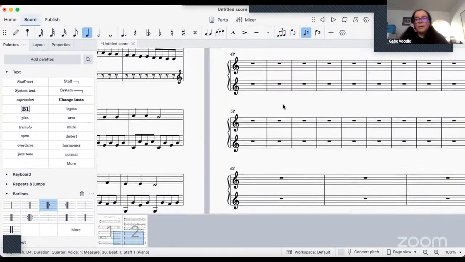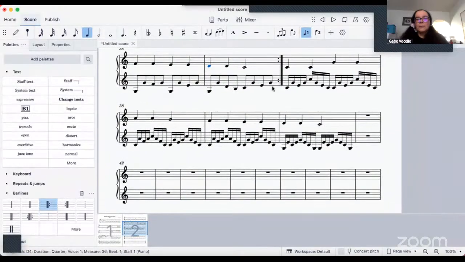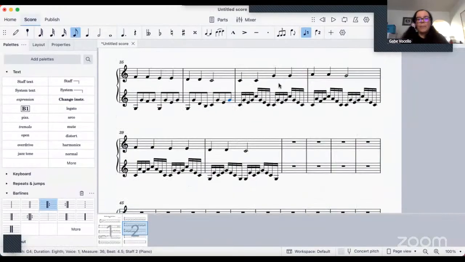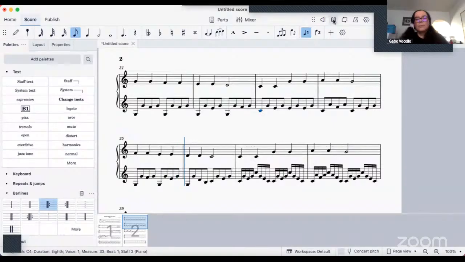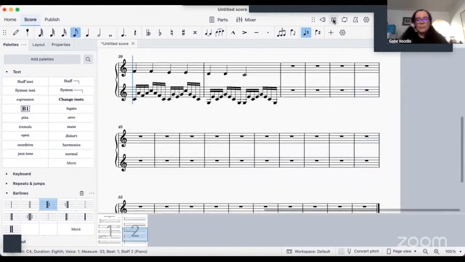Let me take it just for now, okay? From here, the 8th note, go to the 16th note. Okay?